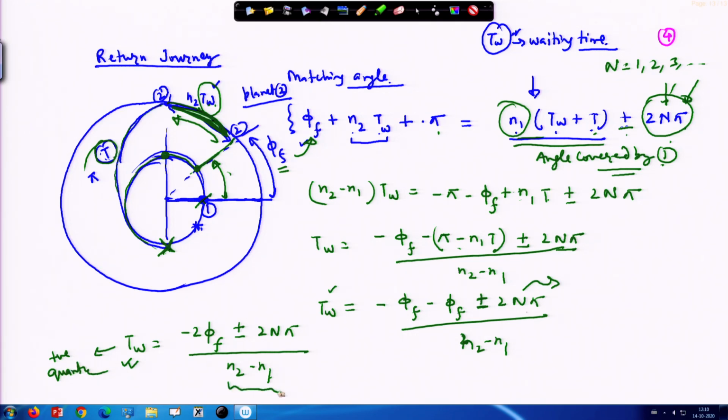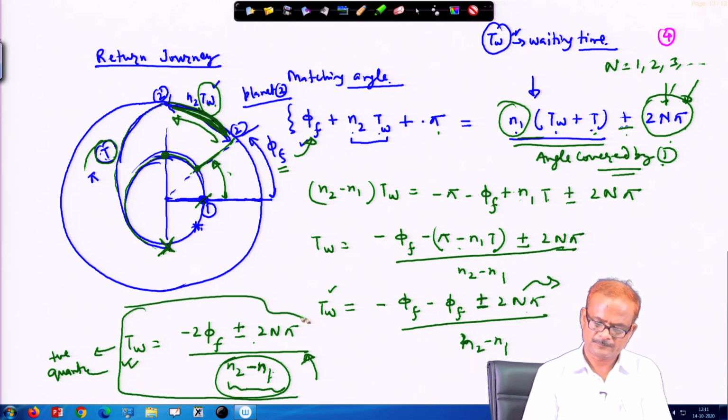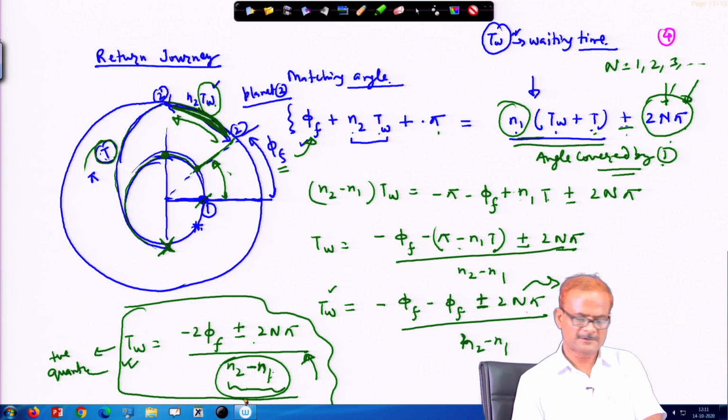Here this T w has to be a positive quantity, because it depends on n2 minus n1. Okay. If n2 minus n1 is greater than 0, then the denominator becomes positive, so accordingly we need to adjust here. If this is negative, then you can see what the result will be. So, this accounts for the wait time in terms of mathematics.